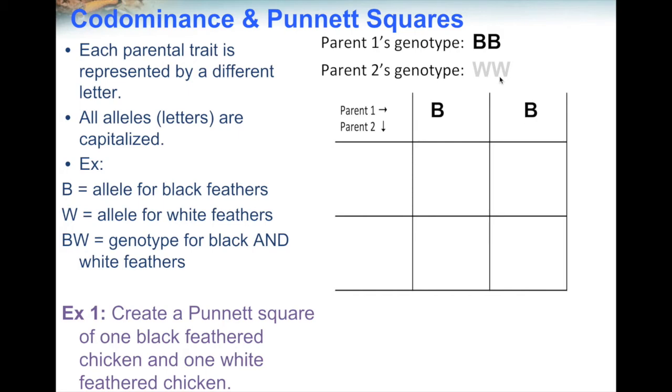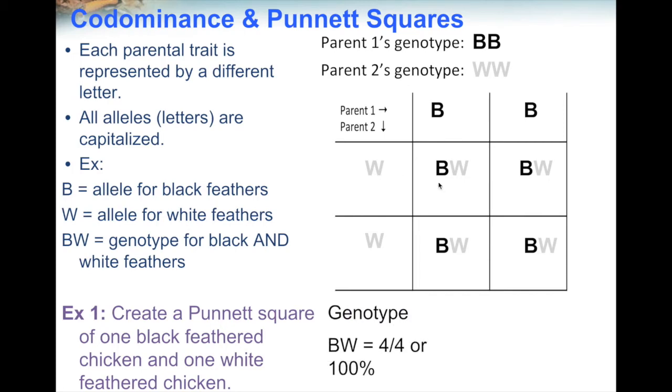So one parent goes on the top, one parent goes on the left side. And just like before, we're going to bring in the alleles or letters to fill in the boxes. So what does this mean? If we have a black feathered chicken and a white feathered chicken and they reproduce, their next offspring will have a genotype of BW 4 out of the 4 boxes, or 100% of the time.